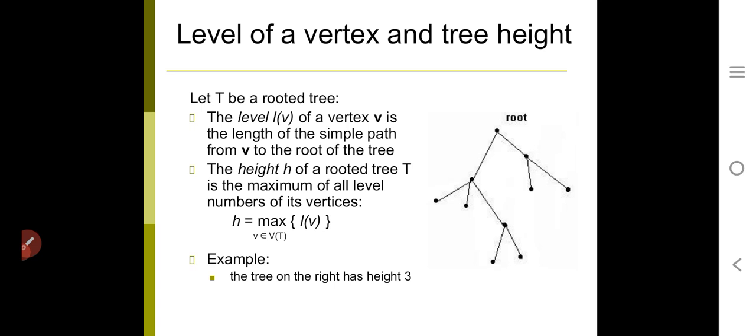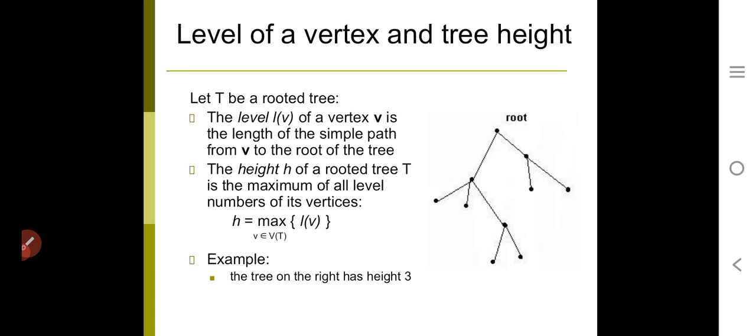Then we find a formula. We denote h as the height and the level of a vertex as L of V. Then the formula is h equals maximum of L of V. So the maximum of the levels of the vertices is denoted as the height.